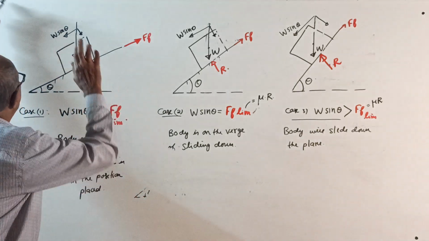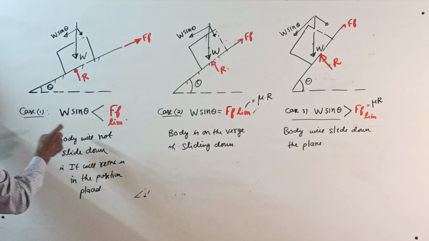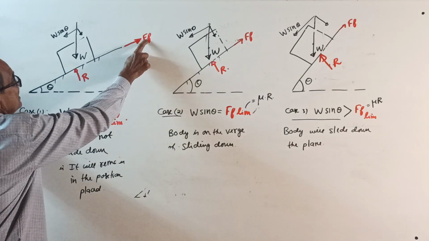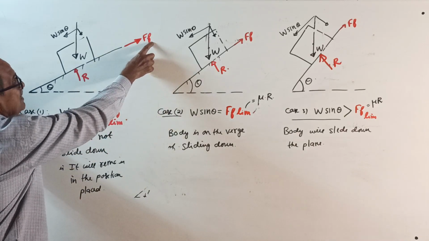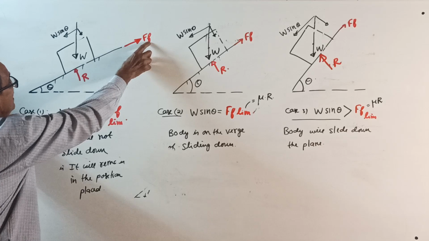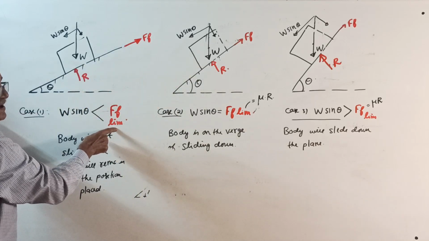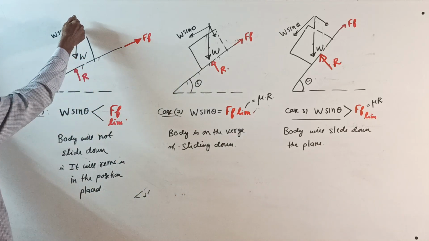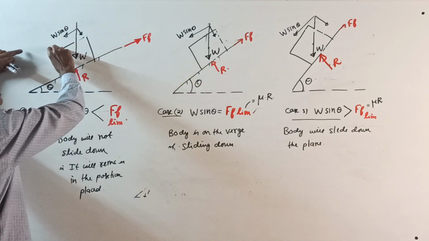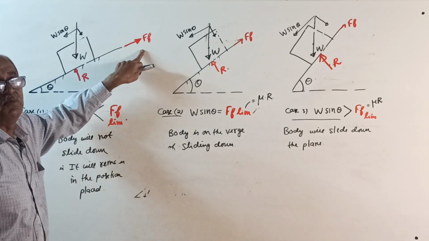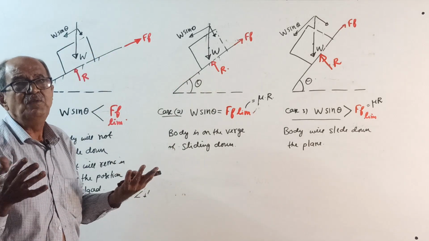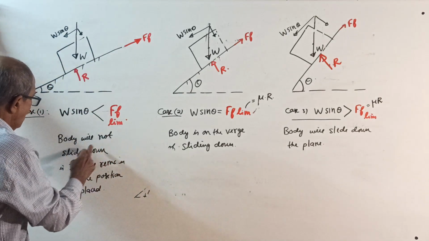So, when W sin theta is less than the limiting frictional force, the body will not slide down. See, why am I not putting FF limit? Because this FF will be less than FF limit, that you don't bother.